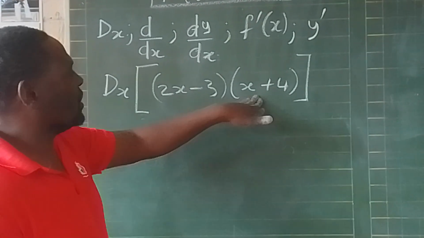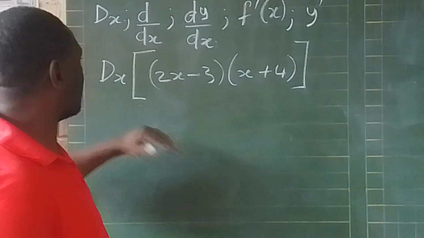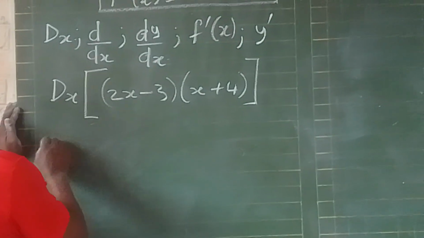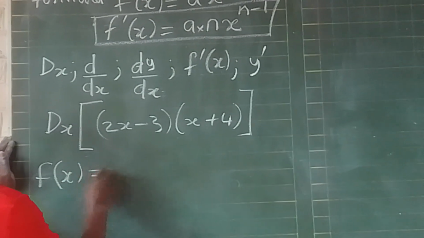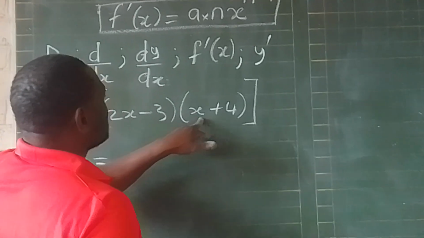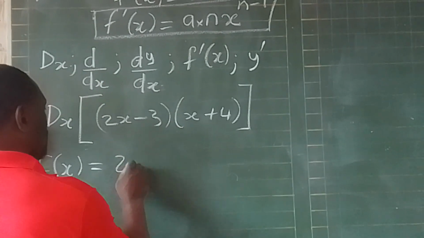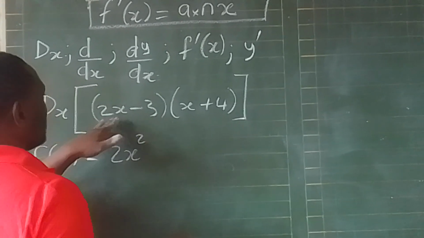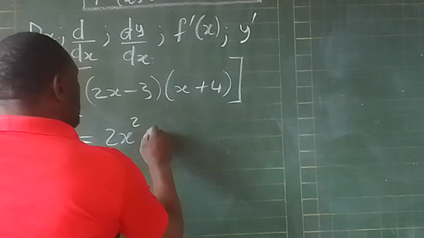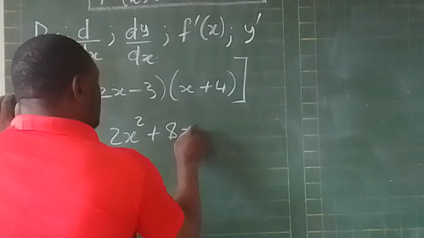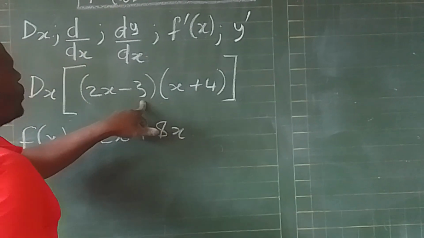which means you must multiply these two brackets. So this is f of x that you are going to get. 2x times x is 2x squared. 2x multiplied by 4 is 8x. Minus 3 times x is minus 3x, and minus 3 times 4 is minus 12.